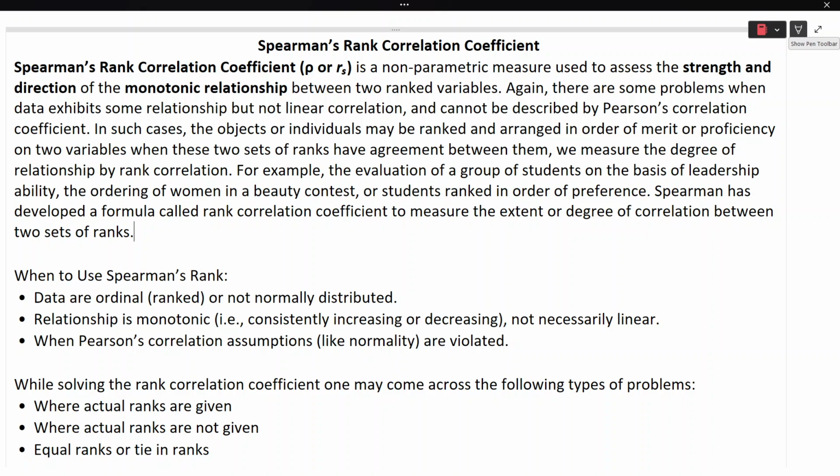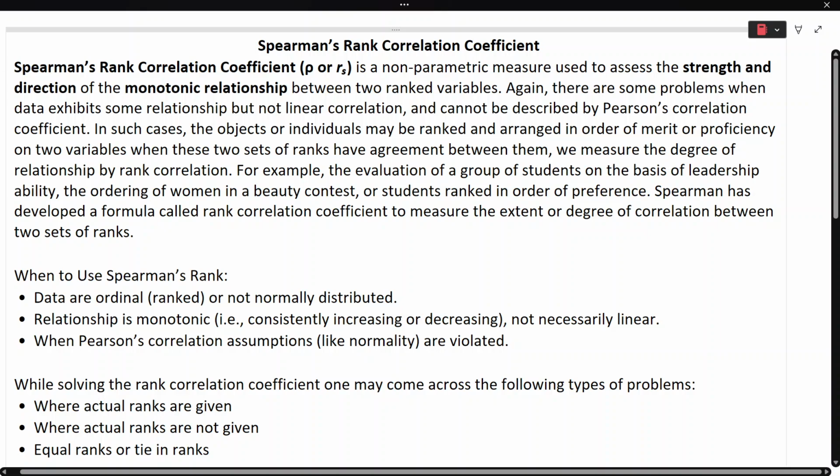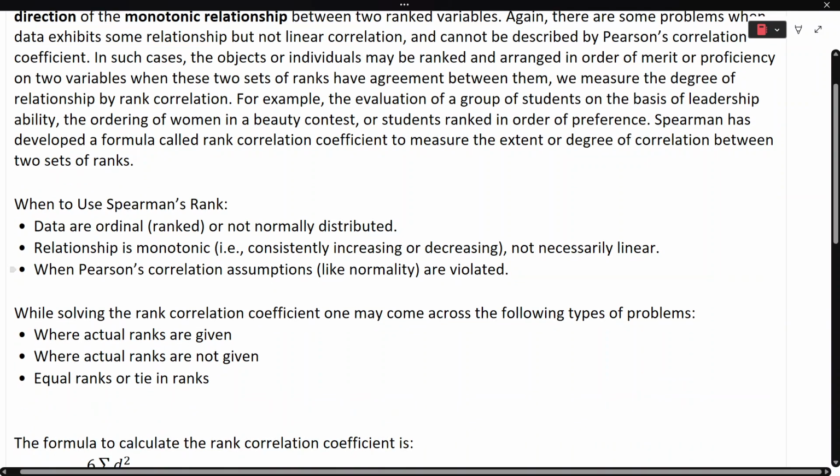For example, the evaluation of a group of students on the basis of leadership ability, the ordering of women in a beauty contest, or students ranked in order of preference. Spearman has developed a formula called the rank correlation coefficient to measure the extent or degree of correlation between two sets of ranks. When do we use the Spearman's rank?